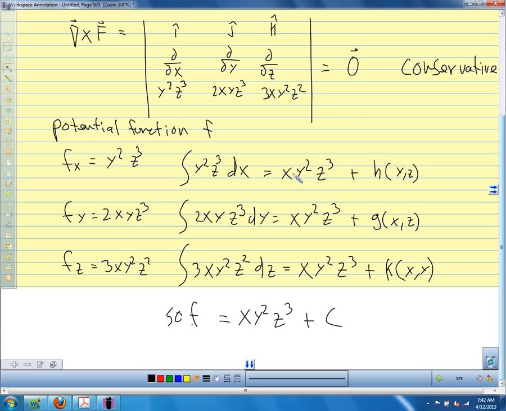So what you would do is, for example, if you took the partial of this with respect to x and you didn't get y squared z cubed, you would need to adjust the function so that when you took the derivative of this with respect to x, you would come out with that. Could you just find what h of y and z is to make it work out? Right, right. Yeah.